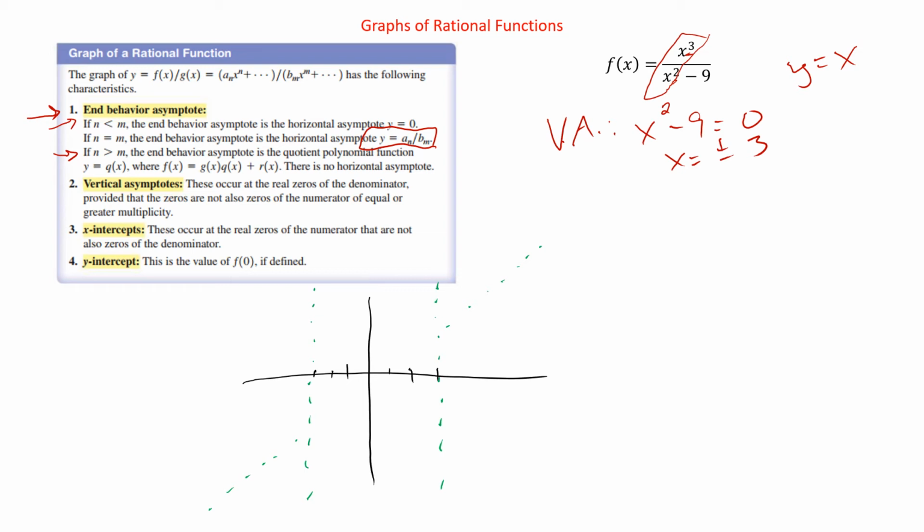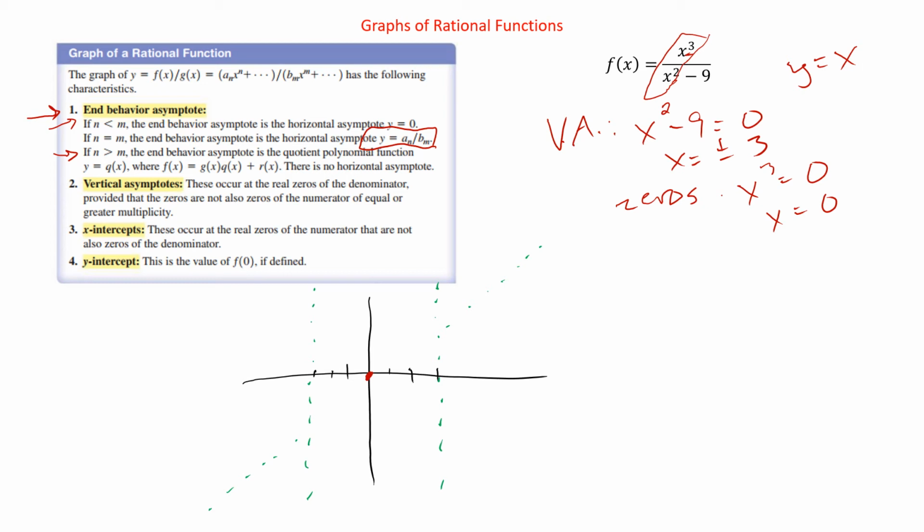Then we need some zeros in our graph, because zeros are important points. The zeros are when the top equals 0. So x cubed equals 0. Well, x cubed equals 0 when x equals 0. So we have this point, and that's the only zero it's going to have.